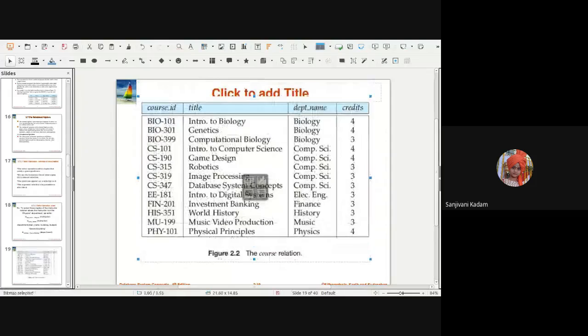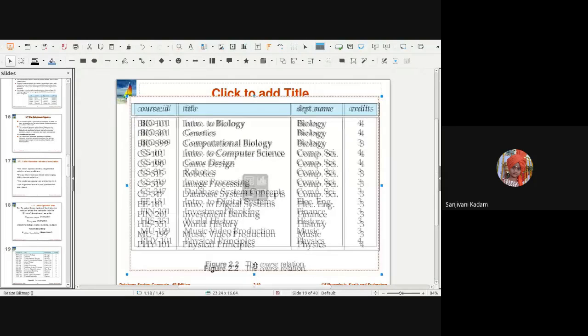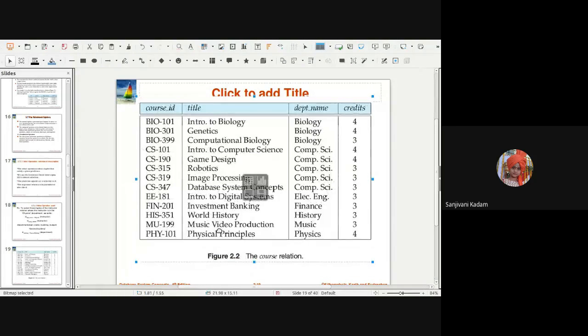So, whether this relation is visible to you? Yes, ma'am, it's visible.